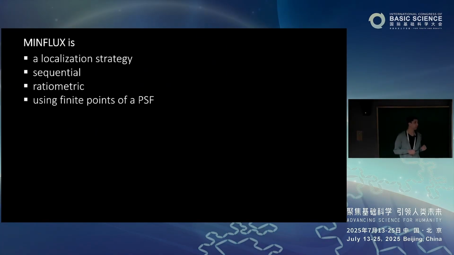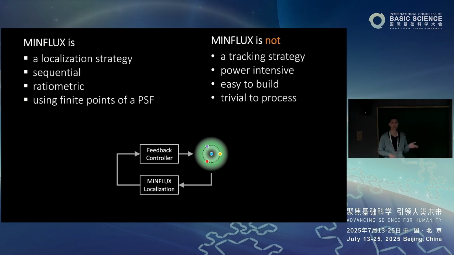So all in all, MINFLUX is a localization strategy for molecules. It is sequential and it is ratiometric. And at the end of the day, it uses finite points of a PSF, yes, choosing those points in a smart way. It is not a tracking strategy, because when you do tracking, you put a feedback loop.